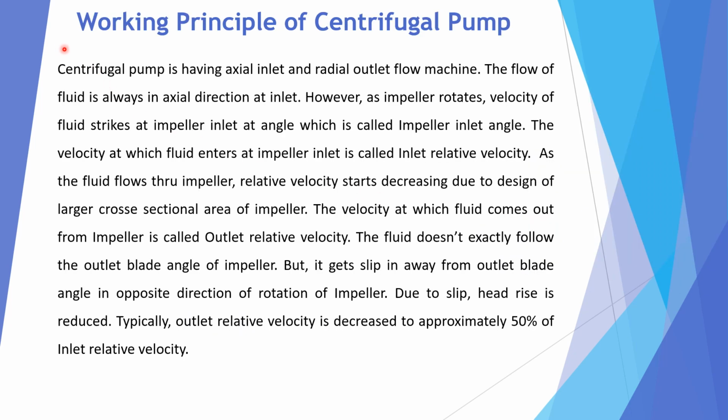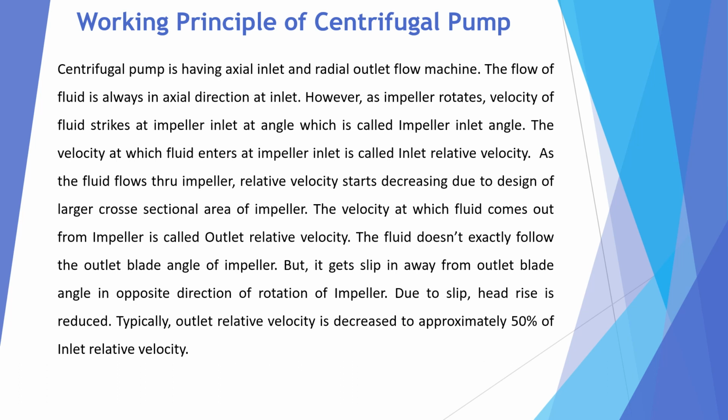Now let's understand the working principle of centrifugal pump. Centrifugal pump has axial inlet and radial outlet. The flow of the fluid is always in axial direction at inlet because there is no inlet guide vane. However, as the impeller rotates, the velocity of fluid strikes the impeller inlet at an angle which is called impeller inlet angle.